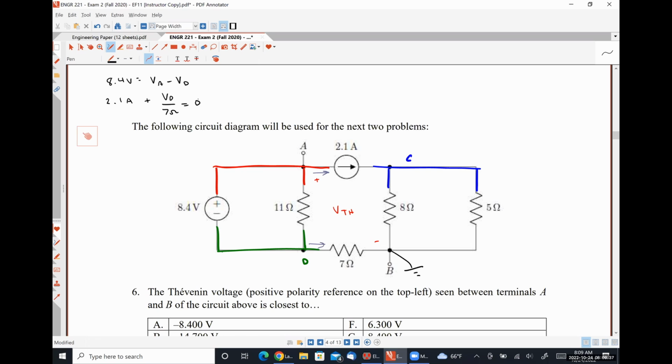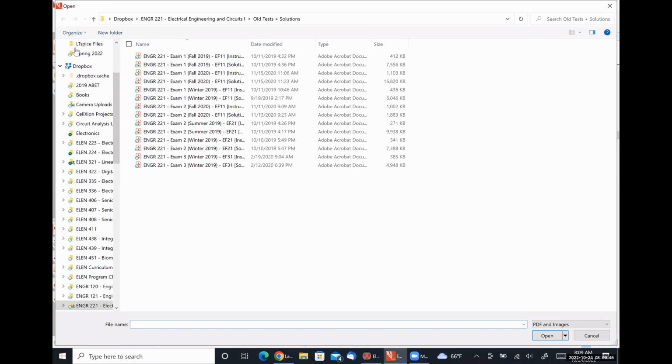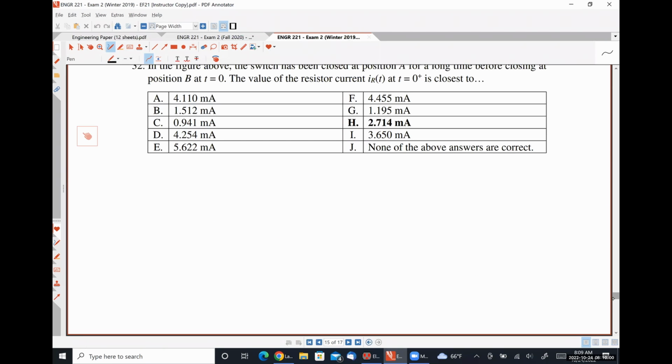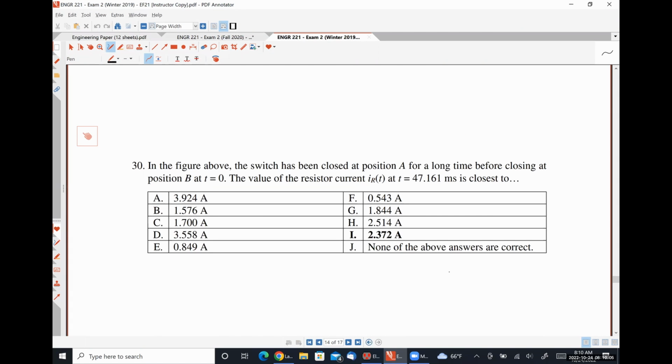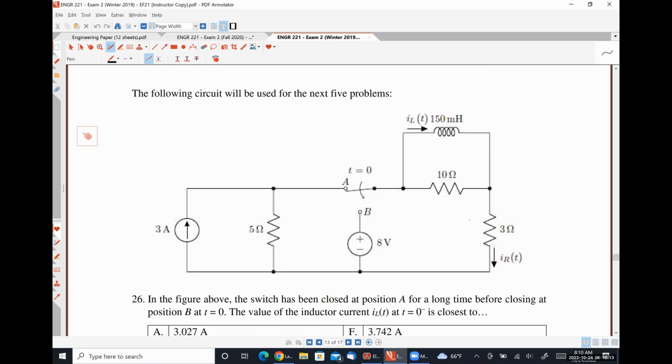Katie. Winter 2019, problem 30. All right, so let me scroll up here.